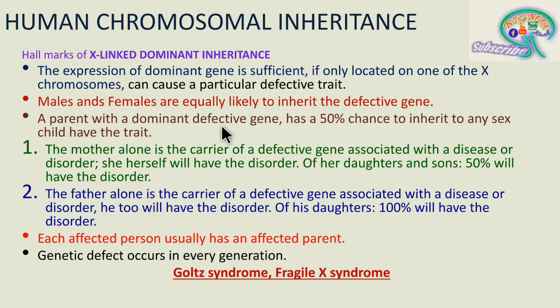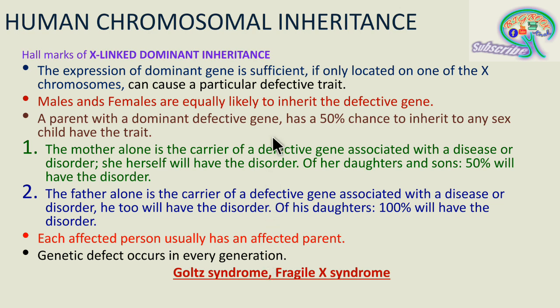A parent with the dominant defective gene has a 50% chance to pass to any sex child the trait. Each affected person usually has an affected parent, that is the immediate above generation is going to have the affected parent, as the defective gene is in the dominant allelic form, and the genetic defect occurs in every generation. That is what it means.